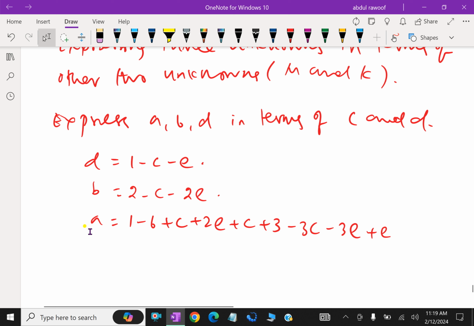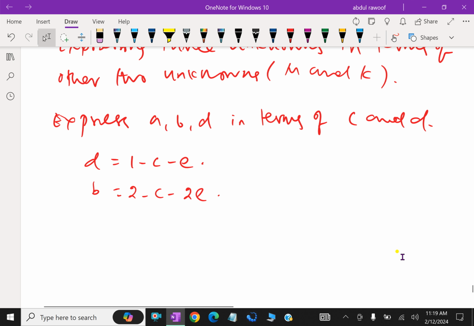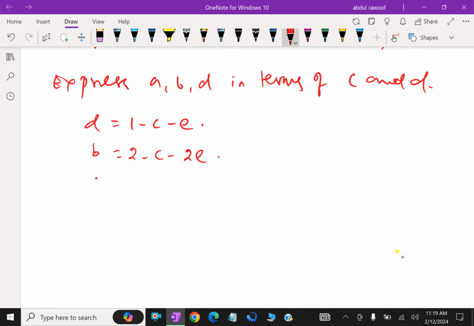Before that, we can express this clearly. a equals 1 minus b plus c plus 3d plus e.